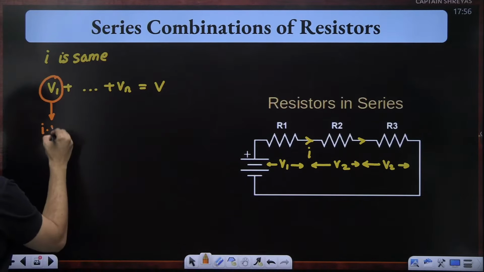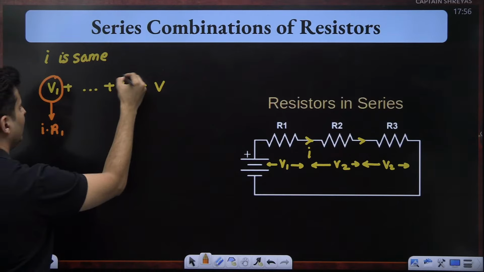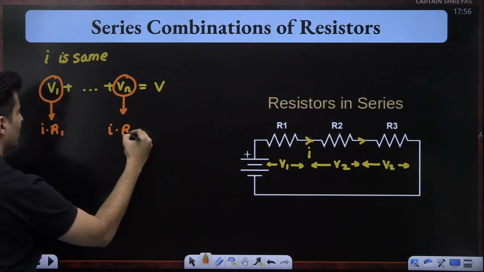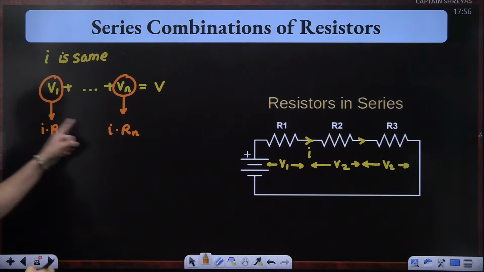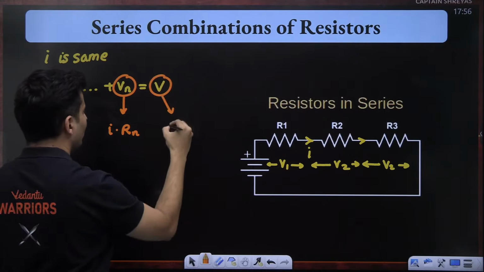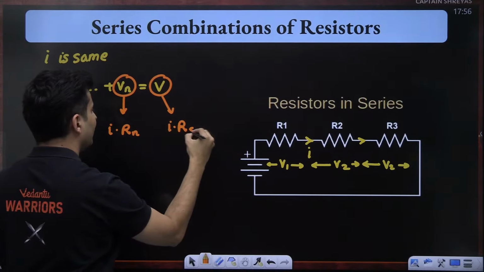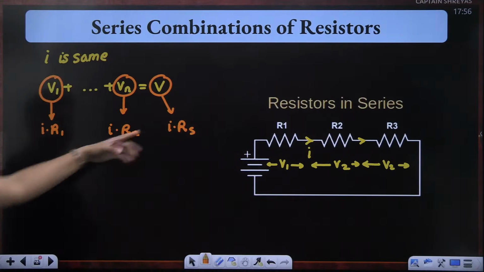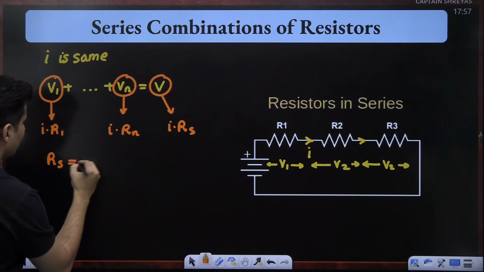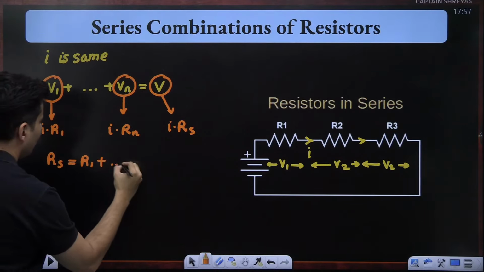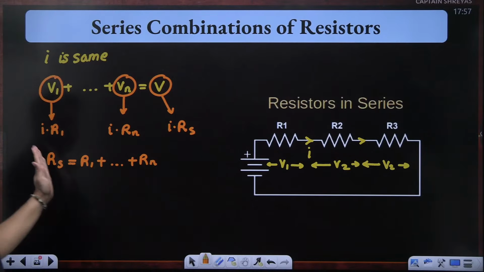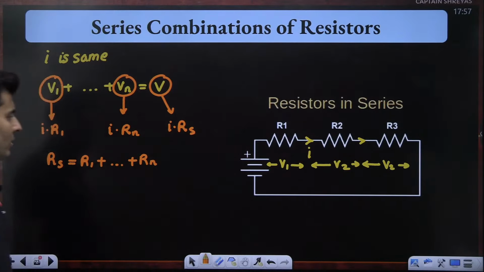This will also be current into the resistance. And the total voltage, of course, will be current into the effective resistance. So you can see I will get cancelled and the effective resistance will be simply put R1 plus R2 plus R3 like that till Rn. So the total resistance is the sum of individual resistance.